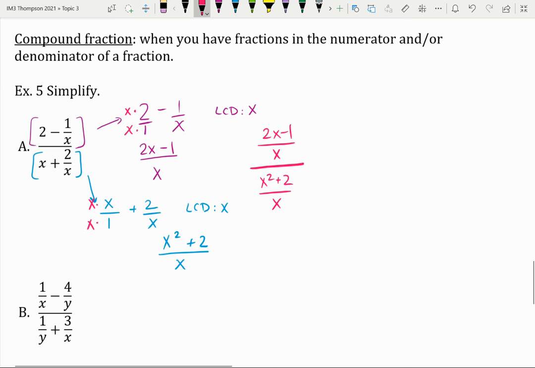Okay. I'm going to turn the big fraction bar into a division sign. Same meaning, different way to write it. I just changed my big fraction bar into a division sign.